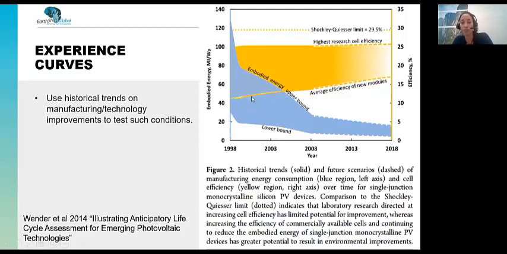But the point is that this gives us an idea, a starting point of conditions to explore. You can look at also similar technologies, seeing how we have improved over the years to give an idea of what could be a possible improvement.